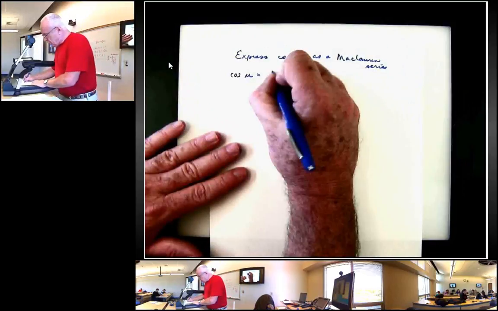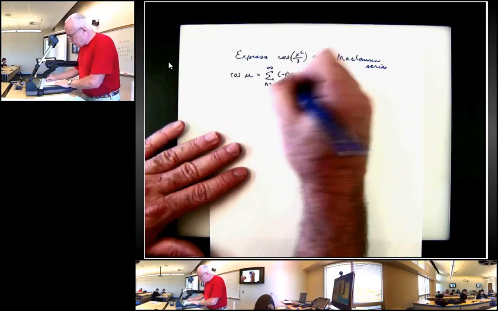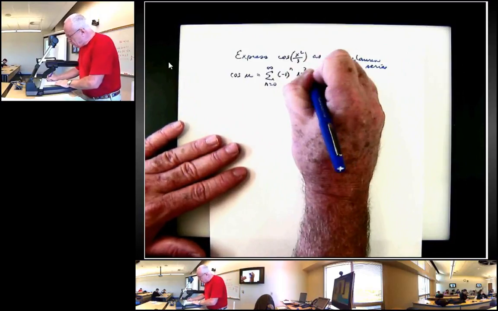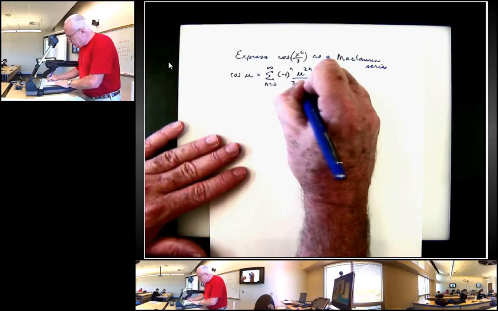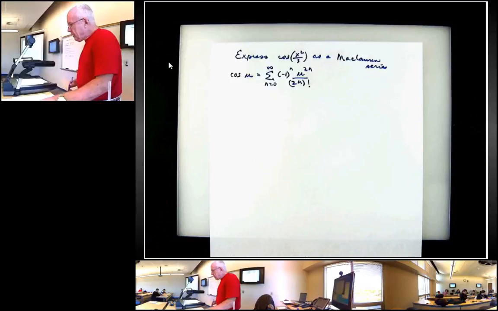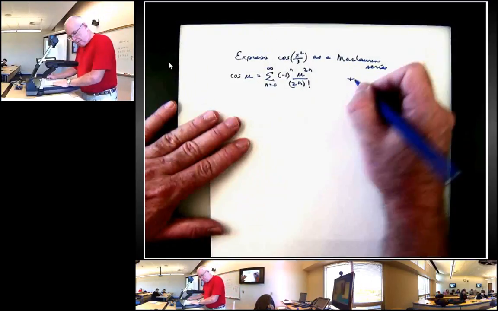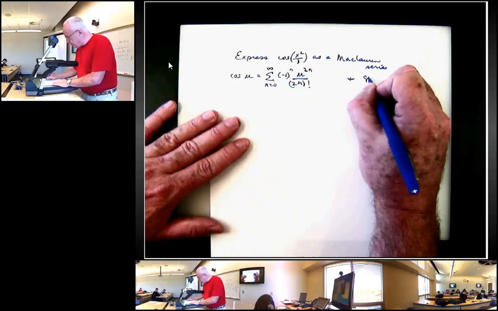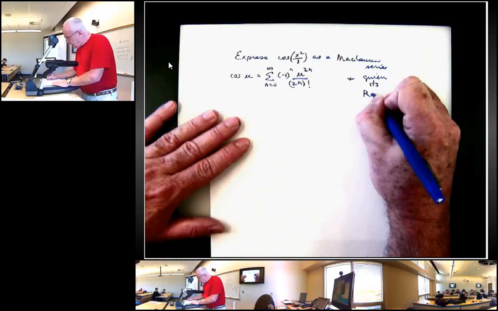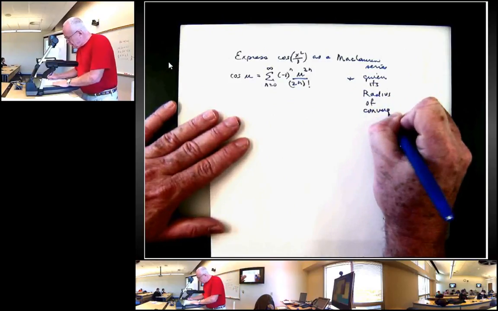Cosine of u is the summation n equals 0 to infinity of minus 1 to the n power, and it's the even powers, u to the 2n divided by 2n factorial. And let's also give its radius of convergence. That would be a good one too.